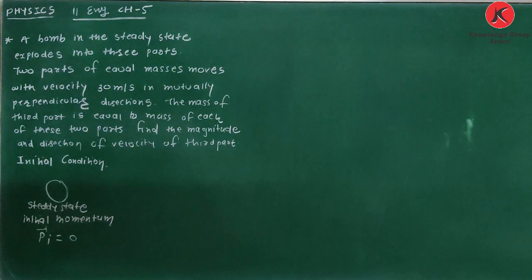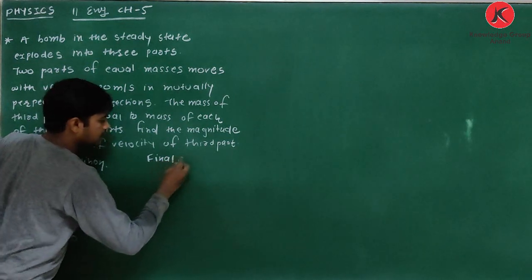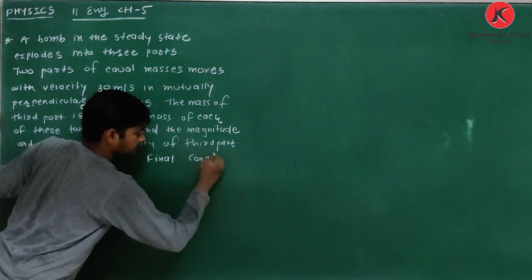Now, a bomb in steady state explodes into three parts. Two parts of equal masses move with velocity 30 meters per second in mutually perpendicular directions. So now I am assuming, here it is the final condition.